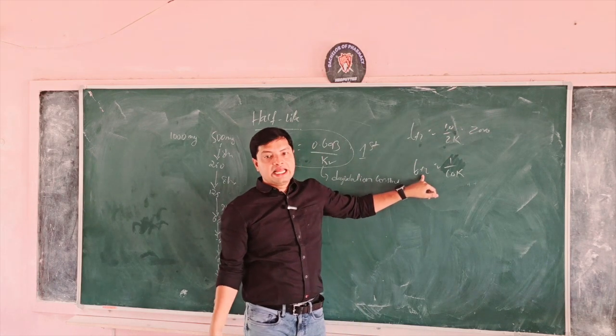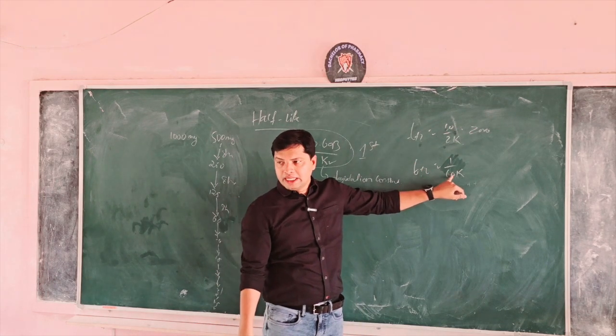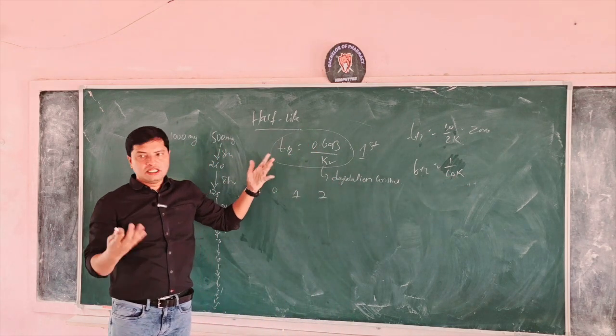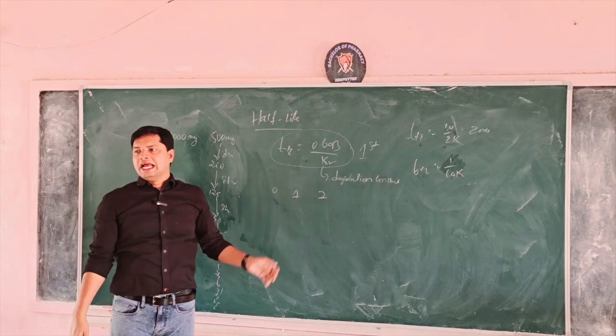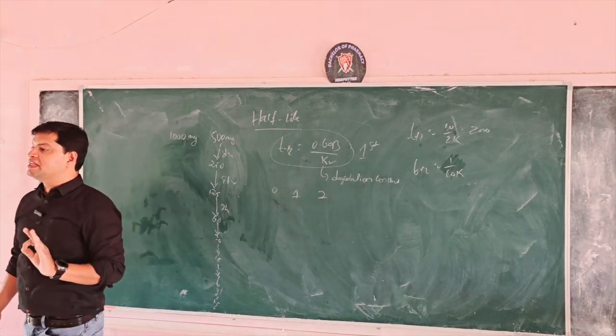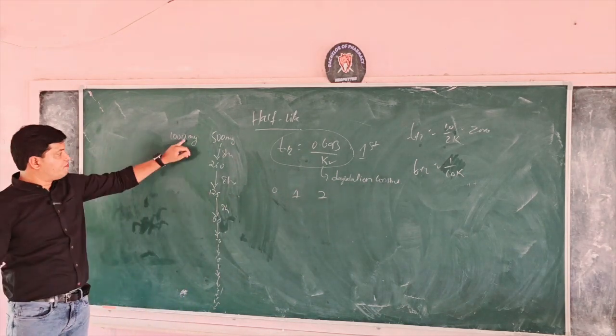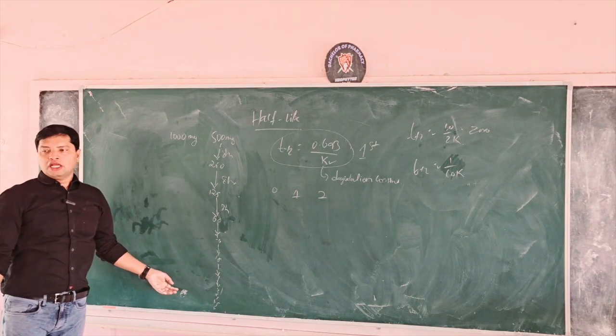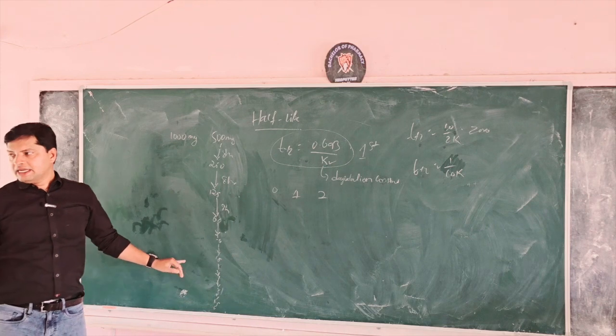Here it is inversely proportional to initial concentration. Here there is no initial concentration, hence it is independent of initial concentration, which can be proved here also. 10 cycles and 10 cycles. You take any concentration, it is the proof.